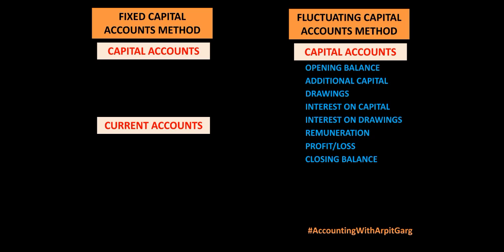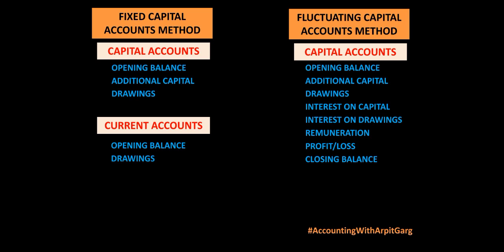Now, both the accounts will have their opening balances, that is balance b/d. Next, additional capital will be transferred to the capital account. Drawing will be shown in both the accounts. Yes, but we will explain later how this is done.